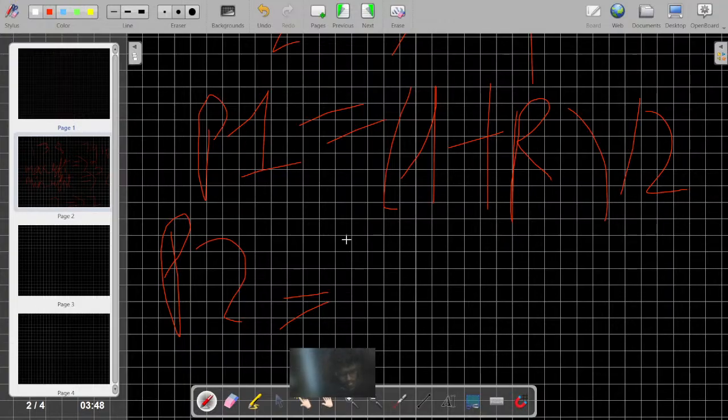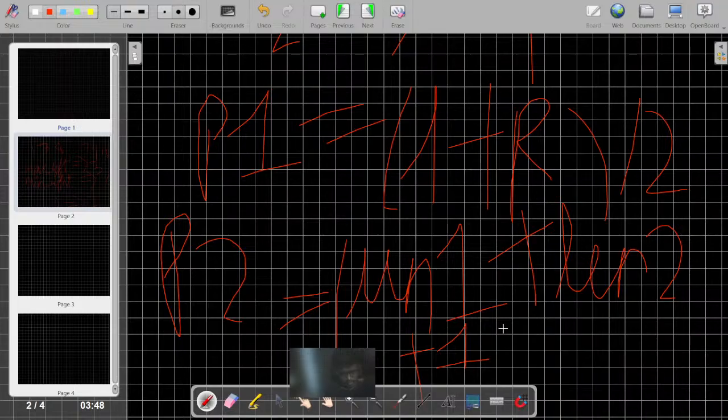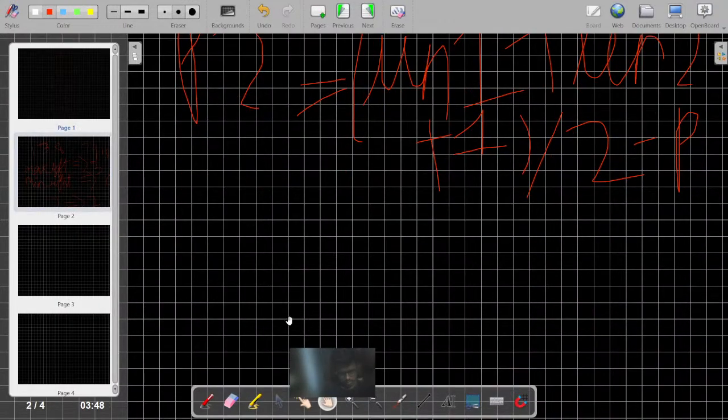You can also write in Java and C++, like len 1 plus len 2 plus 1, and then divided by 2 minus partition 1, right.